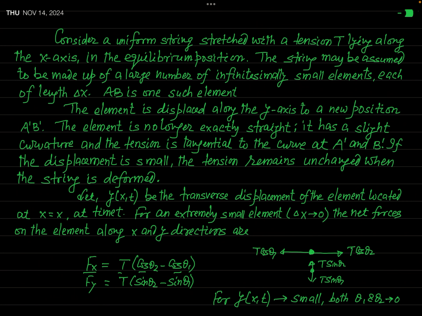I have taken T as a common factor. And the net force acting on this element in the y direction will be T sin theta 2 minus T sin theta 1, where I have again taken T as a common factor.